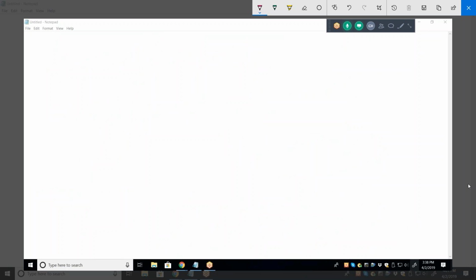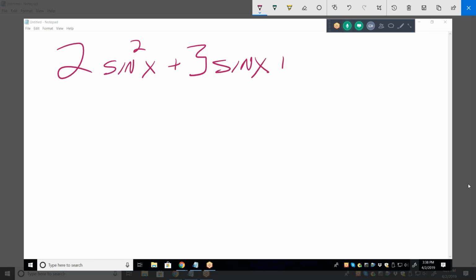So we have 2 times the sine squared of x plus 3 times the sine of x plus 1 is equal to 0. What are we going to think of first when we look at a trig equation? An algebraic equation.